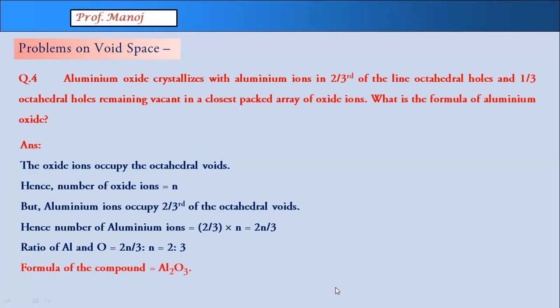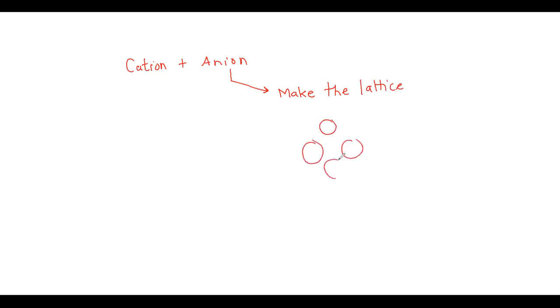Remember the golden sentence: anions make the voids, and cations occupy the space in them. Let me write here. If you want, you can take a screenshot and remember it. Whenever we have a cation and anion, anions are going to make the lattice. Now, when you make a lattice, there will be atoms placed somewhere like this.